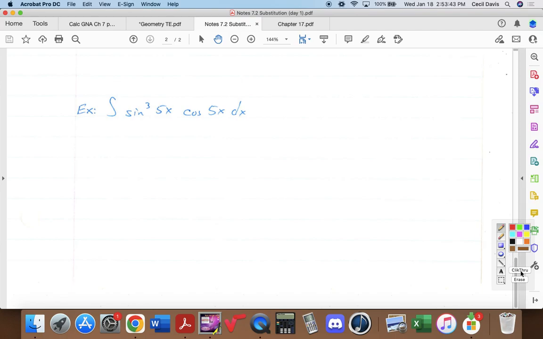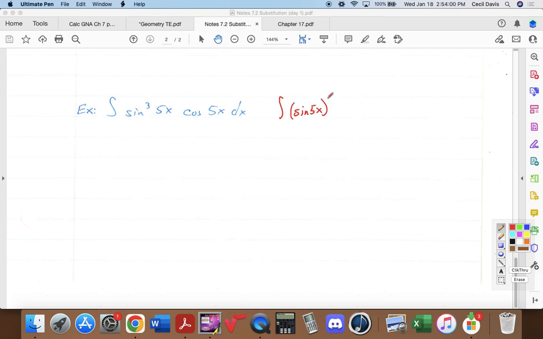This one is sort of doubly composite because it's a function inside a function inside another function. So, again, I'll rewrite it. I'm going to rewrite this as sine of 5x raised to the 3rd power. That helps me to see the composite more easily. Times cosine of 5x dx.